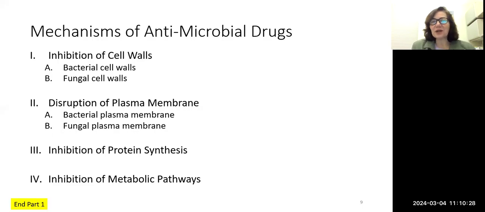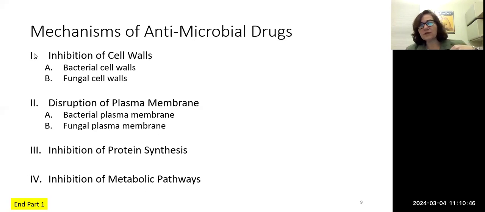Hello, everybody, and welcome back to the lecture on Chapter 10 on controlling microbial growth in the body. The last slide for part one, we had gone over these four mechanisms of action that these antimicrobial drugs have.